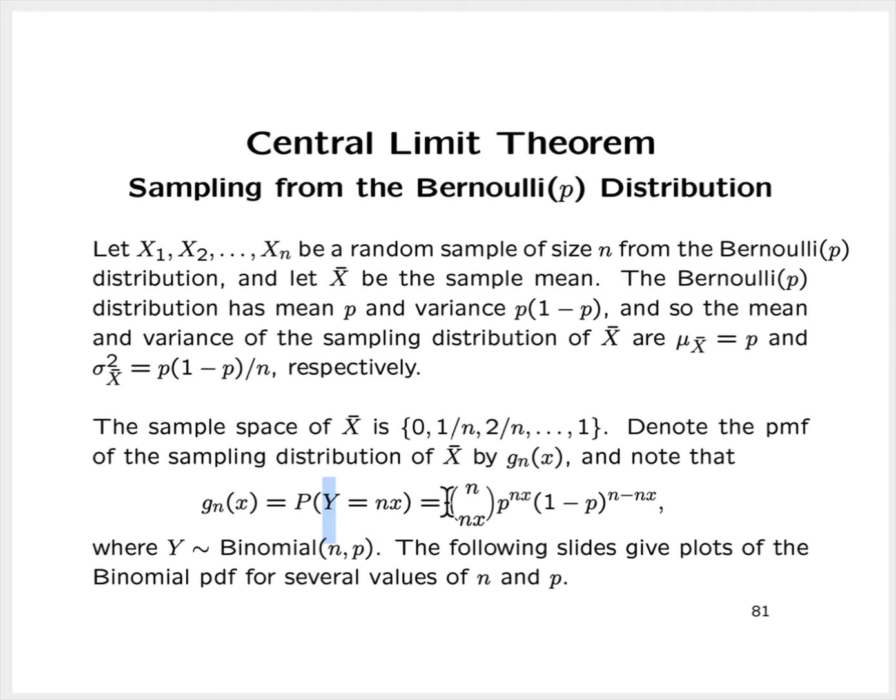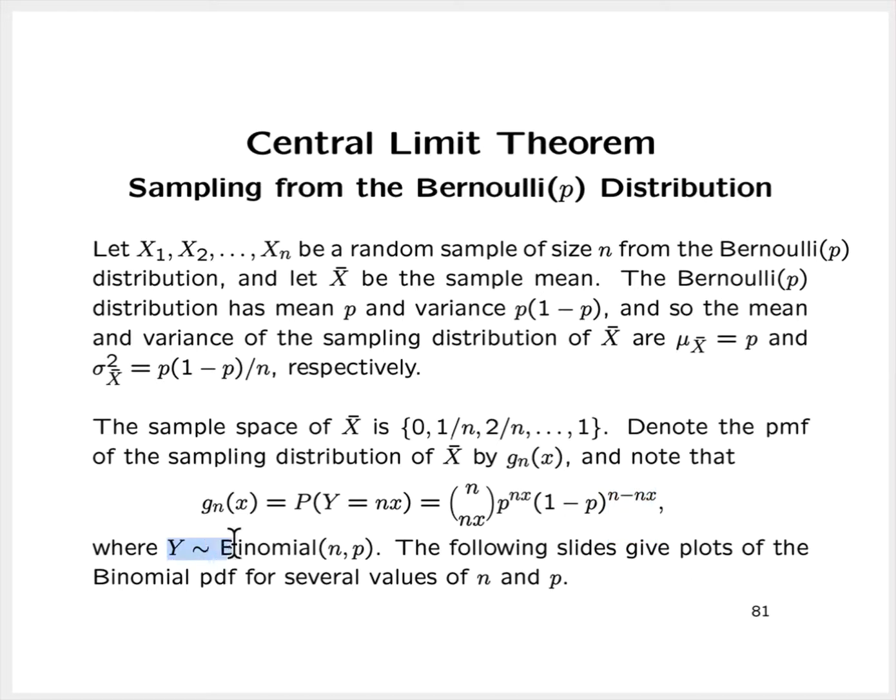And so we get this expression for the PMF of x bar stated in terms of the distribution of y. This would be equal to n choose n times x times the success probability p raised to the exponent n times x times 1 minus the success probability raised to n minus n times x.